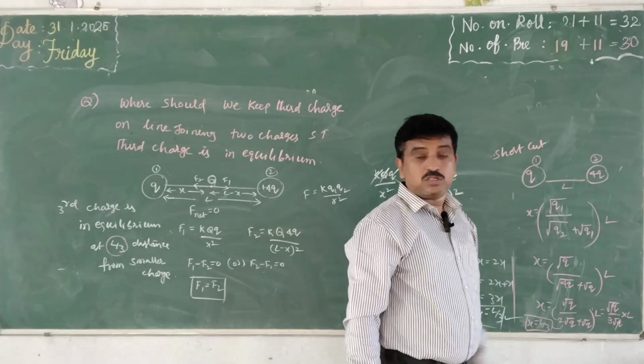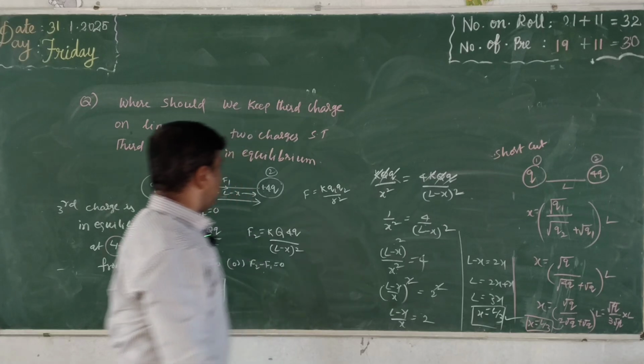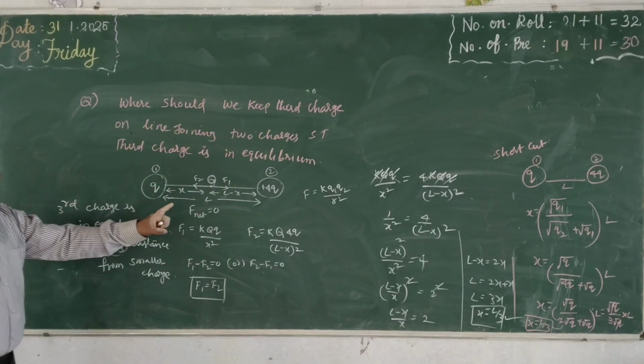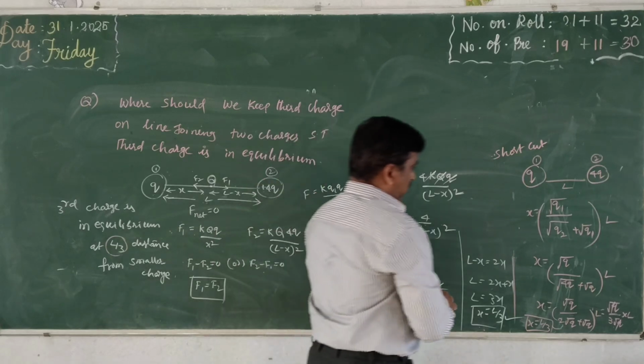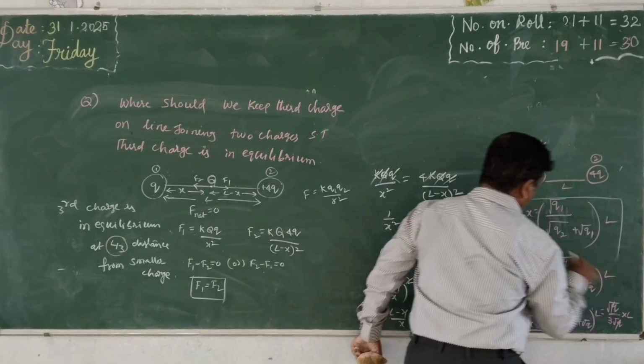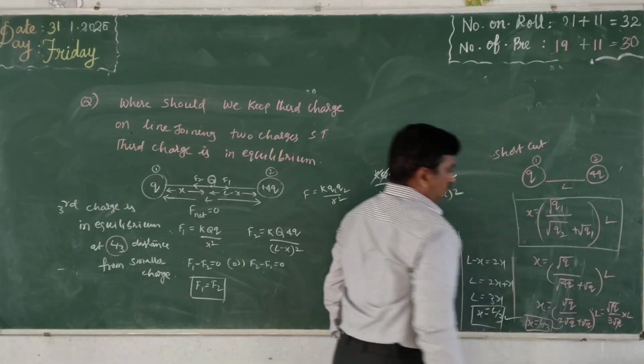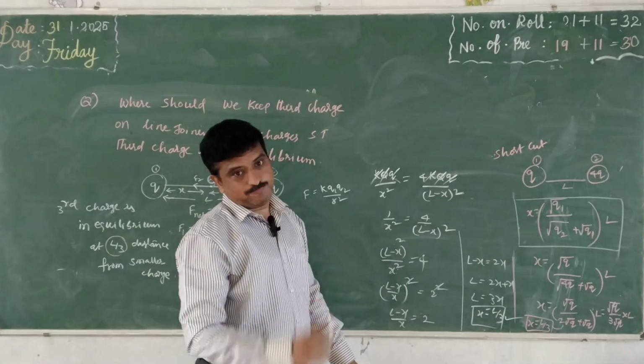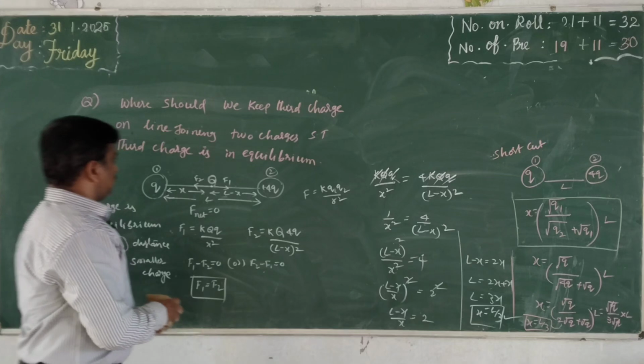This is the shortcut formula for finding where we should keep the third charge on the line joining the two charges in equilibrium.